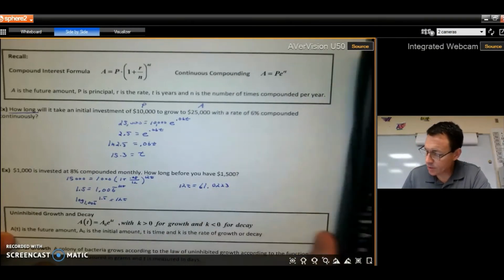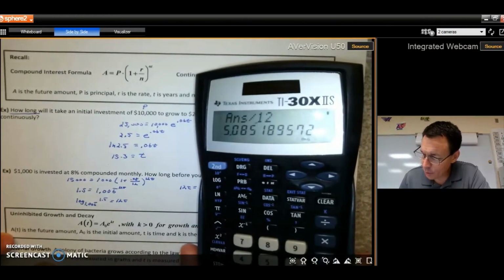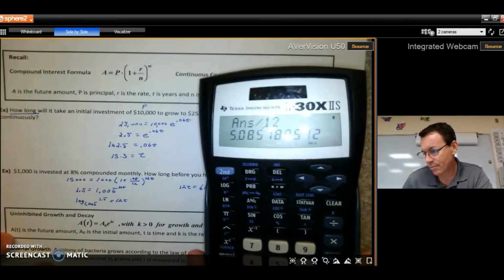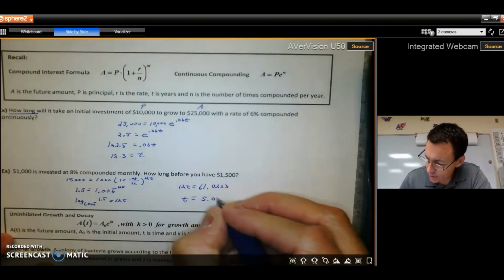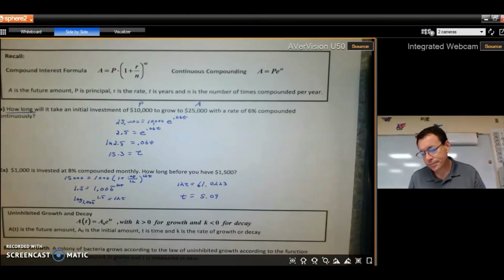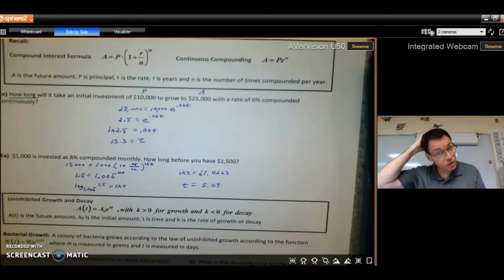And then we're going to divide by 12, and I get, let's call that 5.09. So t is 5.09. It'll take you about 5 years to turn $1,000 into $1,500 at that interest rate.